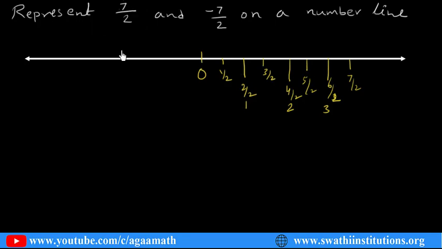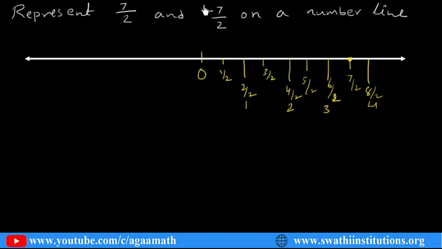We got 7 by 2. If you would like to extend more, nothing wrong. 8 by 2 is 4, but we want 7 by 2, so here we got 7 by 2.